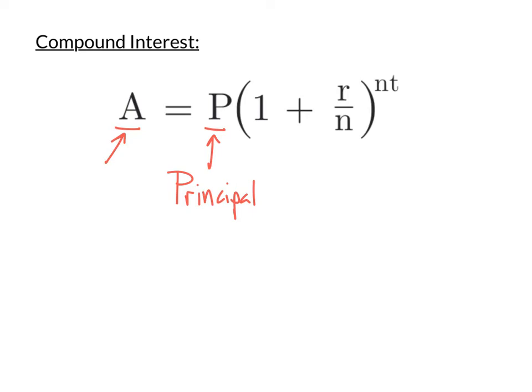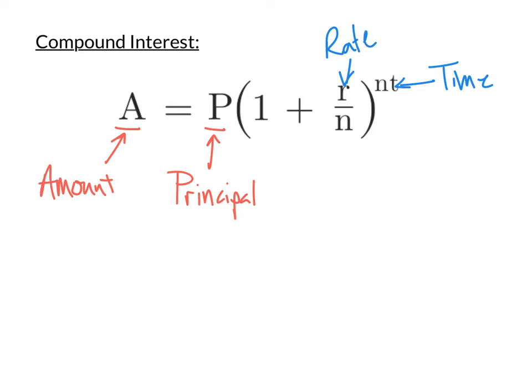The A that's on this side, that's going to be just the amount that is in the account after a certain amount of time. Now we still have t being time, and r, instead of being just a growth rate, is more specifically an interest rate or an annual yield.